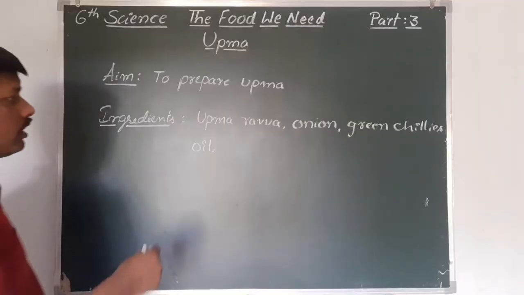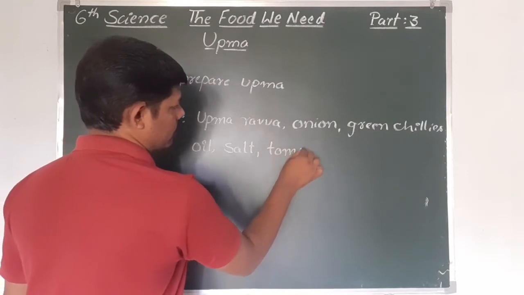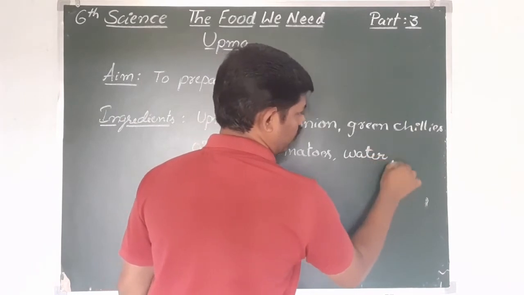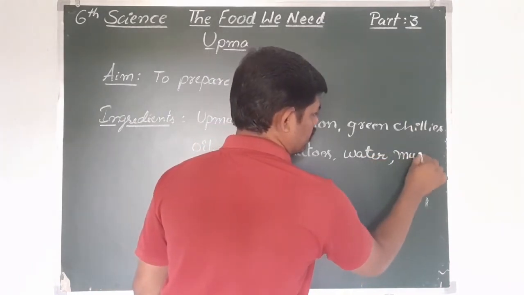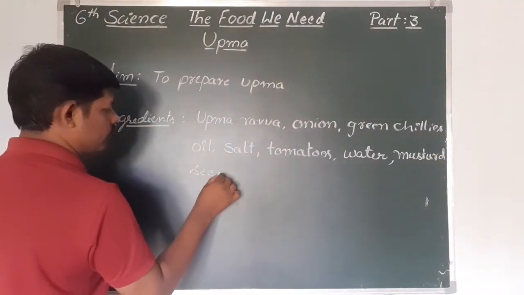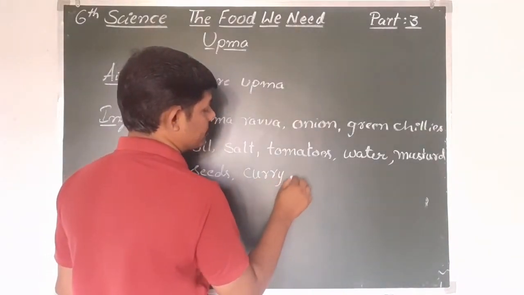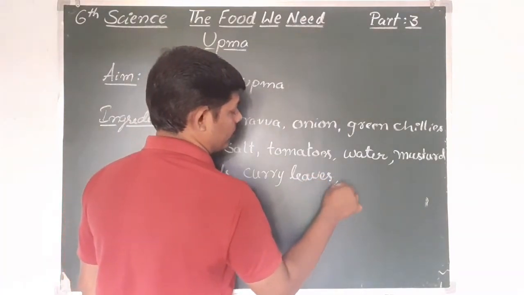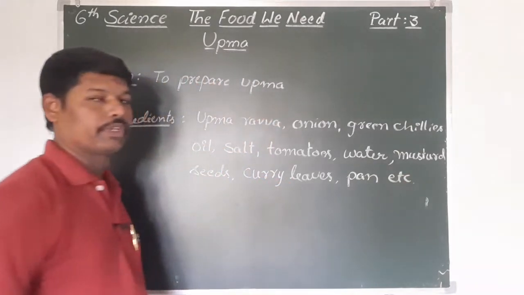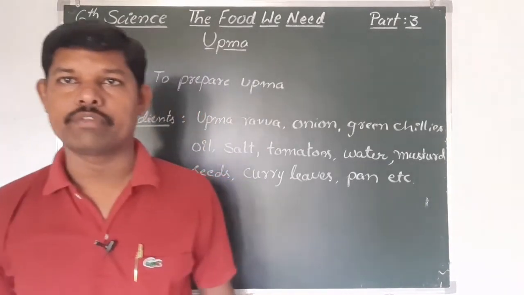Oil, salt, tomatoes, water, mustard seeds, and one more, curry leaves. We need a pan also. For the tasty purpose, if you want, you can add cashew nuts also if you have. Okay, it will be more tasty.